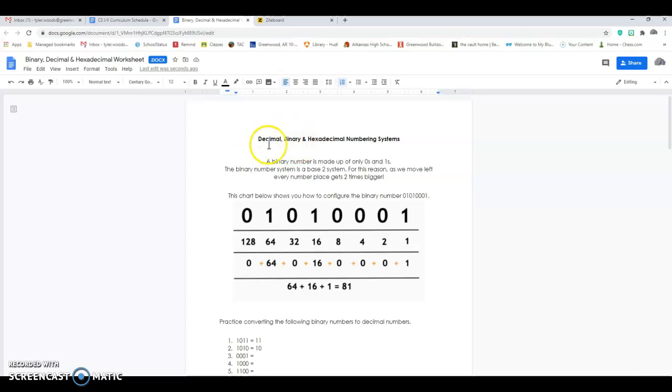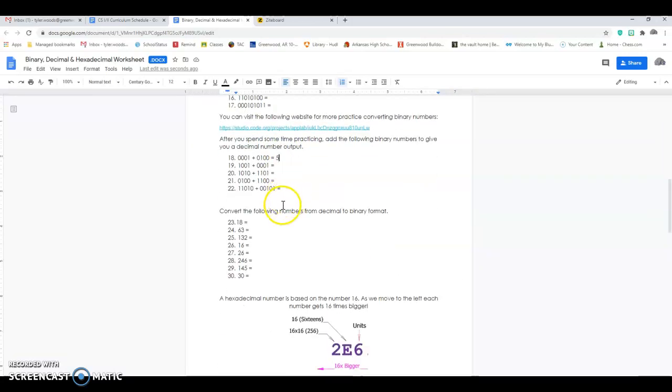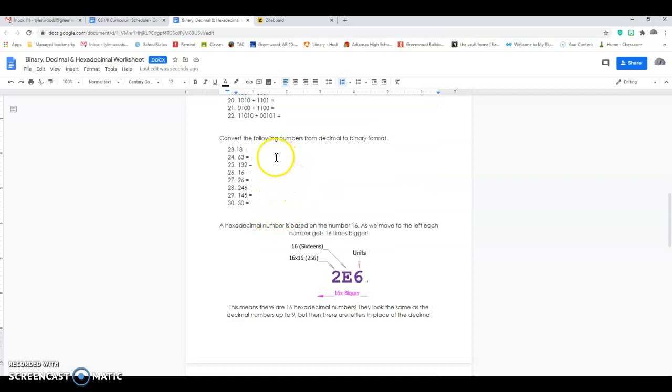It's a base of 2. Decimal is a base of 10 because it's the numbers 0 through 9. After 9, it goes to 2 digits together. Hexadecimal is 16. So we just converted numbers from binary to decimal. Let's go decimal back to binary. You'll be able to do all 3 before we're done. Convert the following numbers from decimal to binary.